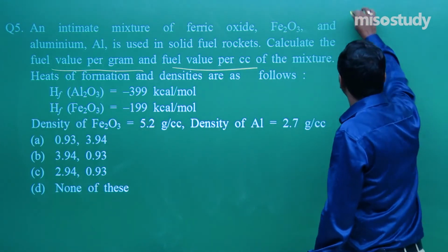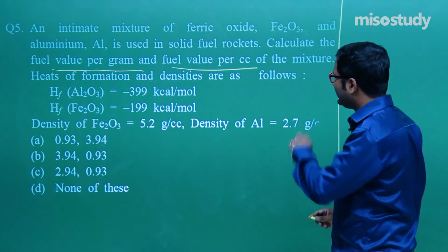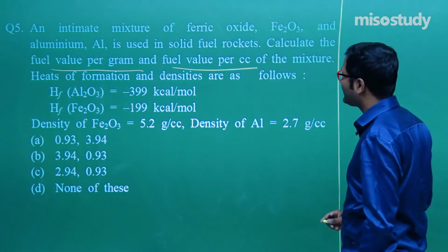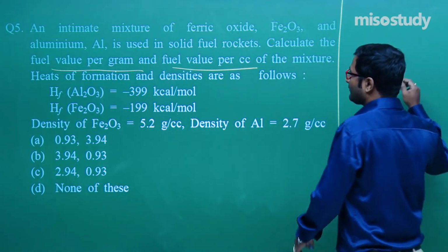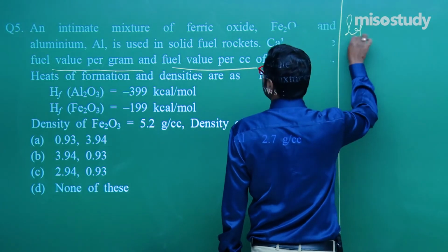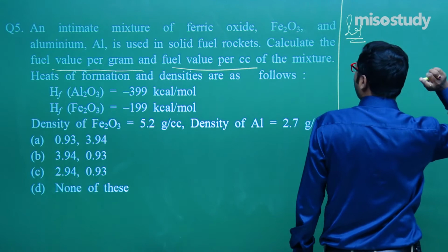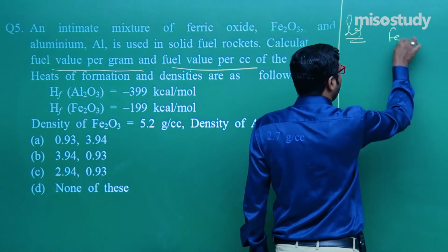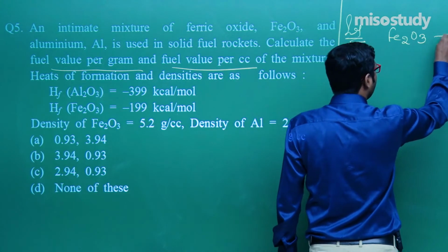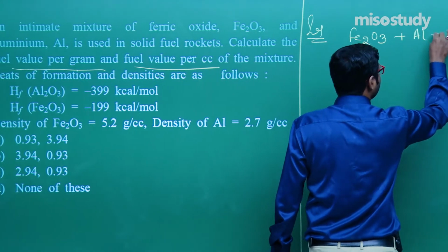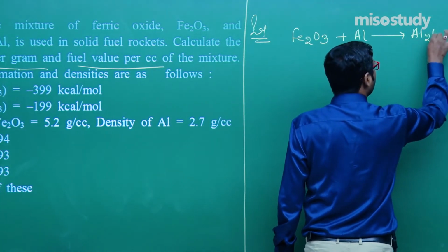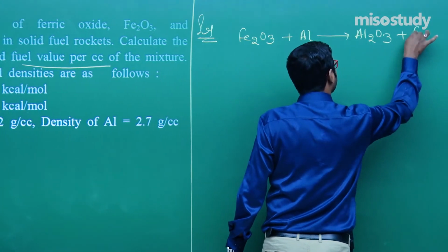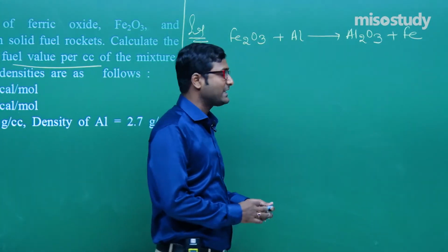Now, how to solve such a question? We have to find fuel value per cc and fuel value per gram. An intimate mixture of ferric oxide, Fe2O3, plus aluminum is used as a solid fuel. It gives you Al2O3 plus Fe. Clear? This is the expression.